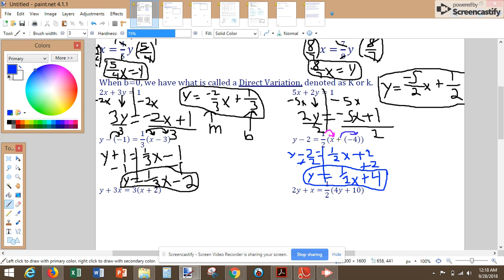First, we want to distribute this -1 into the -4. That would give you a +4. Then you would distribute the 1/2 into both parts. 1/2 times 1x is 1/2 x, and 1/2 times 4 is a 2.